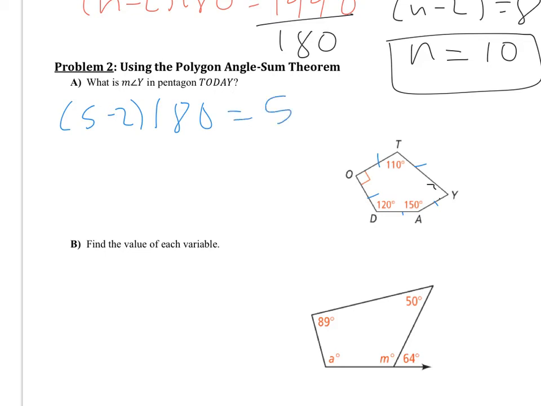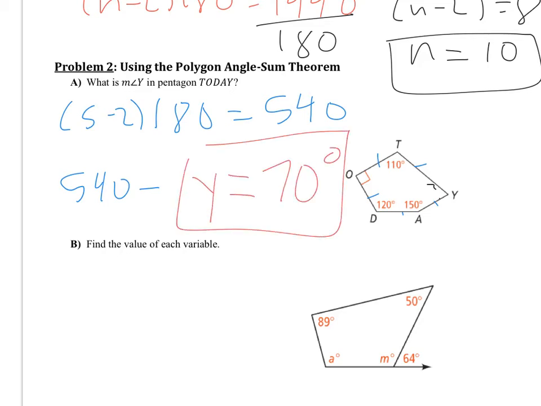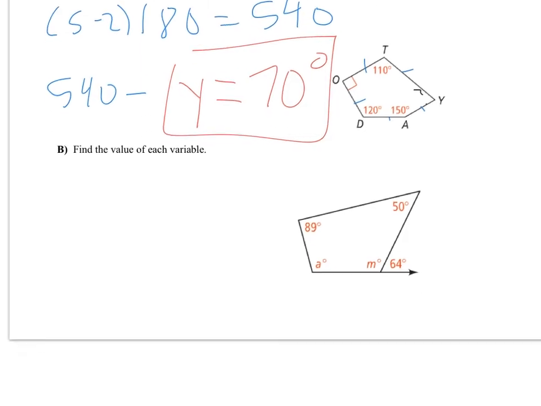So my total interior sum is 540. And now this is just taking 540 and subtracting each one of these angles until you get to Y. If you do 540 minus 110, 90, 120, 150, you get that Y is equal to 70 degrees. So again, I want you to do that one.